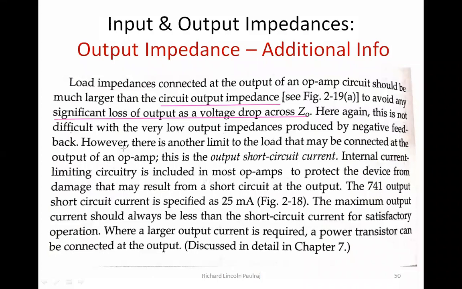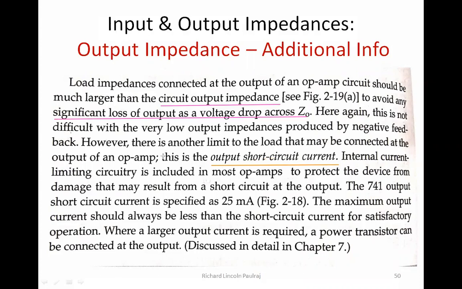However, there is another limit to the load that may be connected at the output of an op-amp. This is called output short circuit current. If a question is asked what is meant by output short circuit current, it means there is another limit to the load that may be connected at the output of an op-amp.